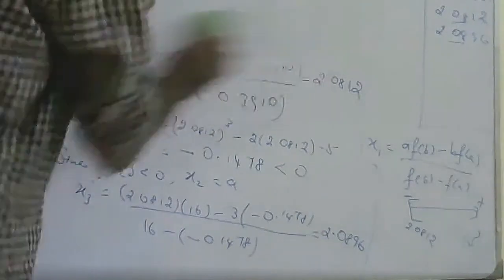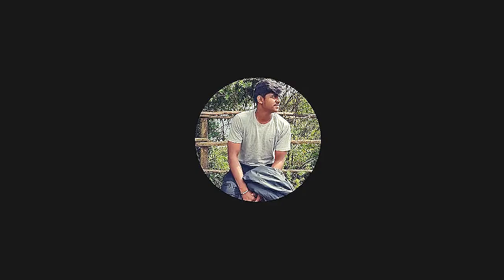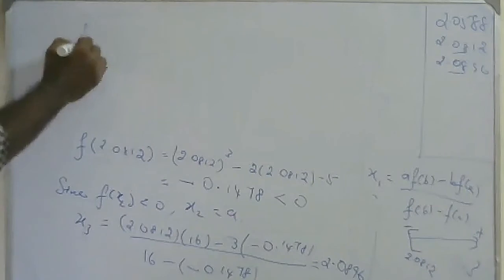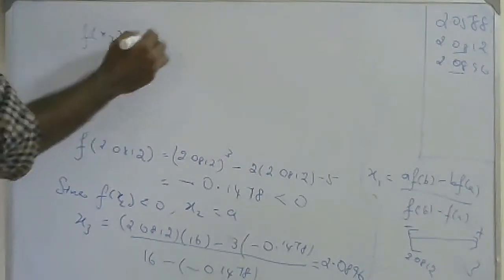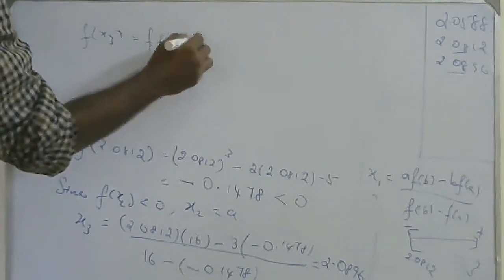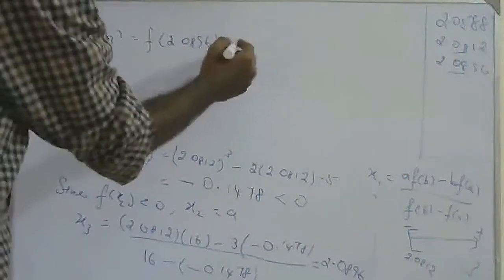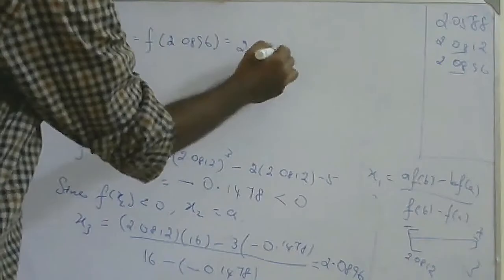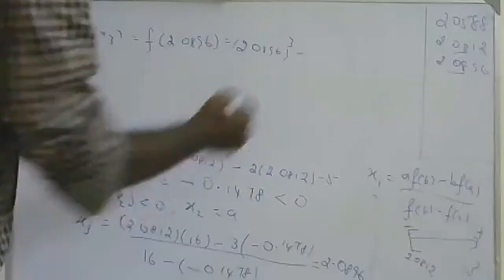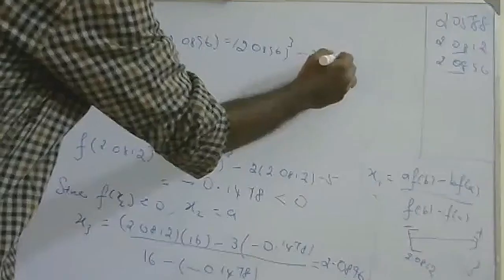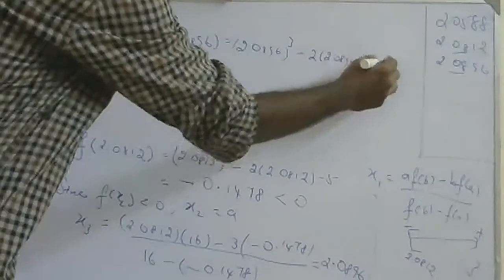Immediately after finding the value, find its f of value, f of x3. F of x3, that is f of 2.0896, is equal to, what's the value? Please find it. 2.0896 the whole cube minus 2 into 2.0896 minus 5.